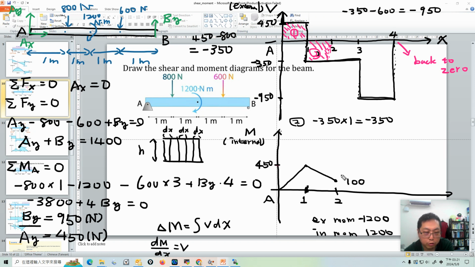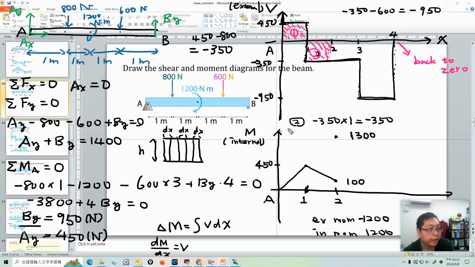So at position 2, we add 1200. Maybe it's not to scale, but this will be 1300.